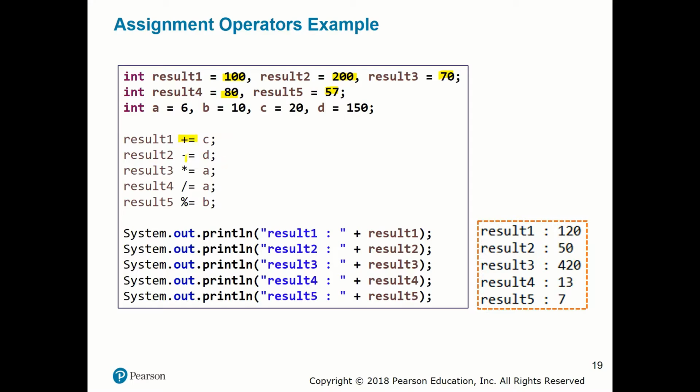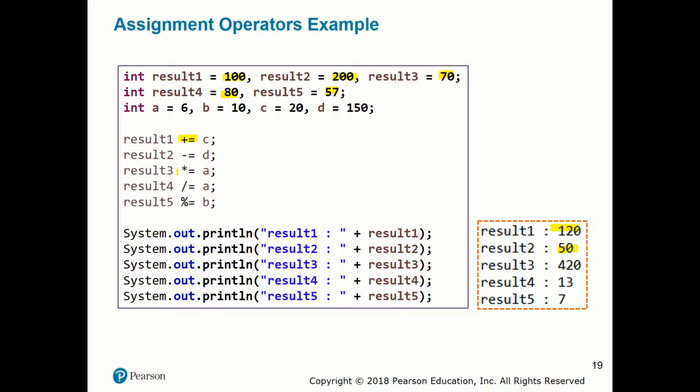Then this one means result 1 should be increased by C. So 100 becomes, C is 20, so result 1 becomes 120. And result 2 is subtracted by D. So result 2 is 200, 200 is subtracted by D, D is 150. So result becomes 50.